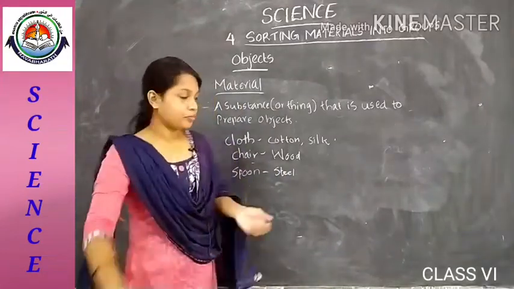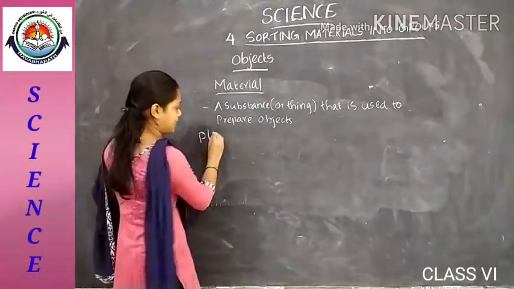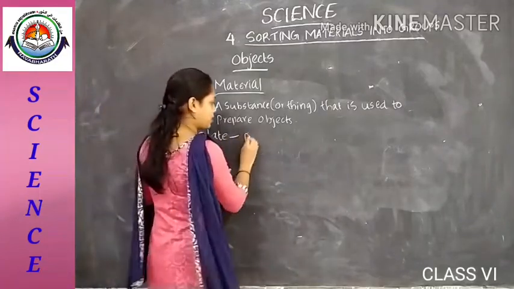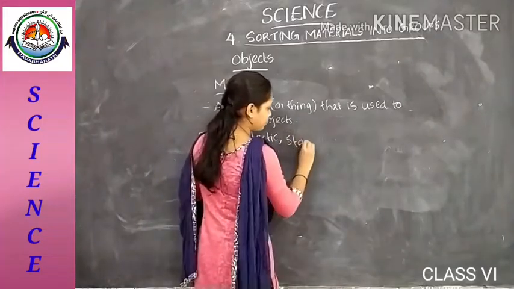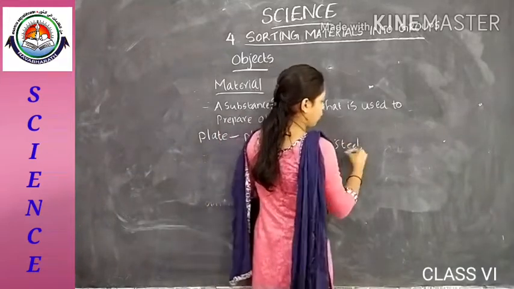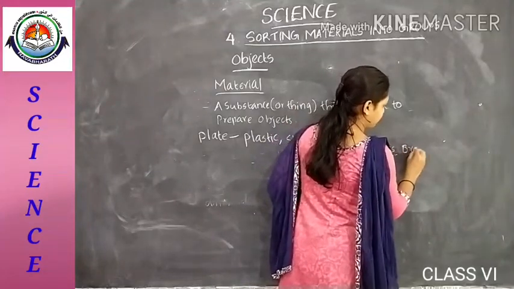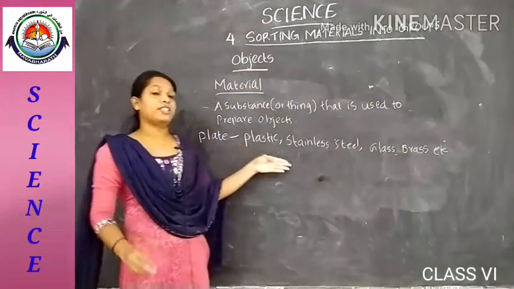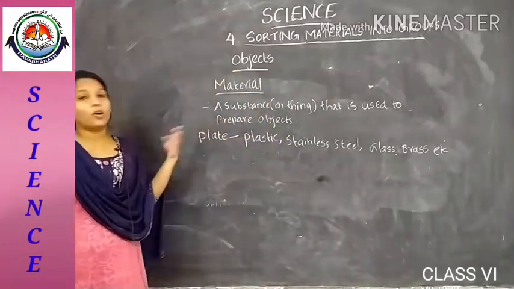For example, in the case of a plate, a plate can be prepared either from plastic or from stainless steel, or from glass, brass, etc. So, different kinds of materials can be used to prepare an object.